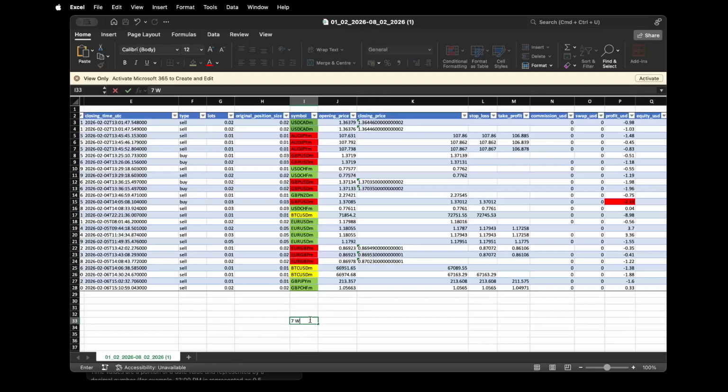So 7 worked out of 12, and then 2 I ended in loss.